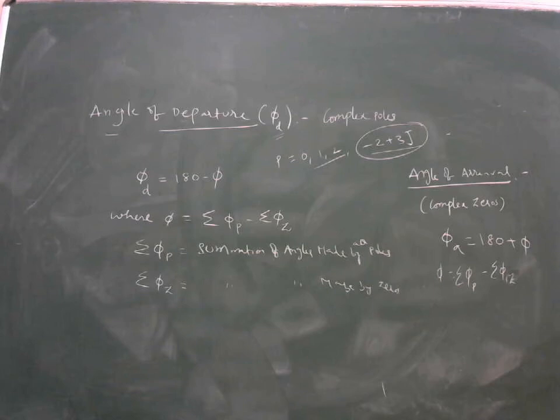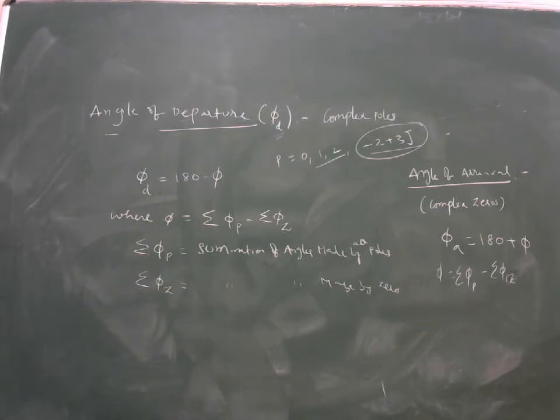Good morning, everyone. In the last lecture and the last video, we discussed the different rules of the root locus. The first rule is the location of poles and zeros, and the second is to determine the poles and zeros on the root locus path, that means where the root locus will exist.